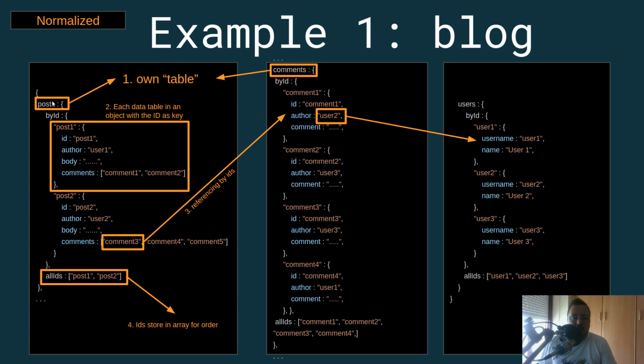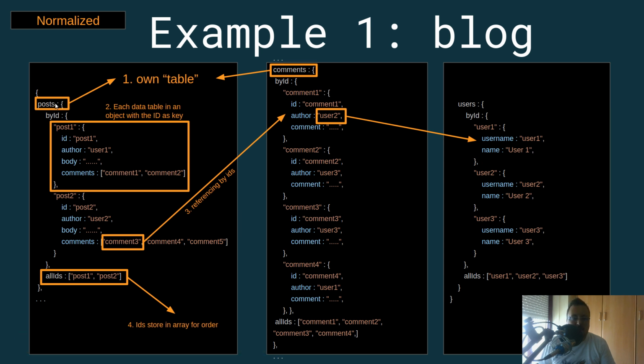Later they have this byId. Usually you will see this byId, and they have the allIds. This is the array. This is the fourth point, where the IDs are stored for order.